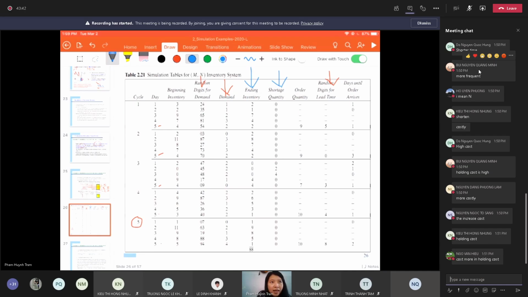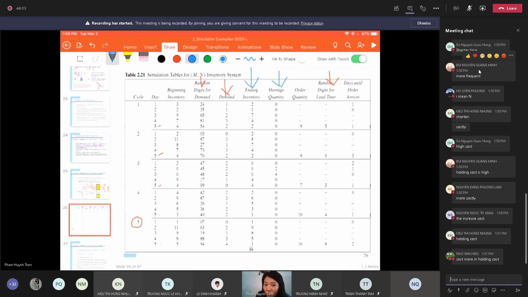So if our average inventory is very high and there's no shortage, perhaps we may try to reduce the maximum inventory level, or we try to lengthen the review period a little bit.